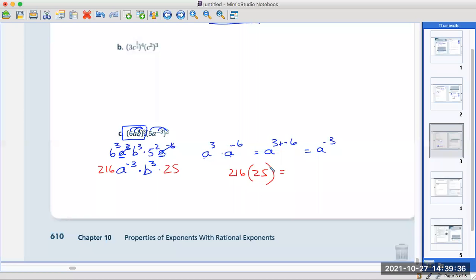It's 5,400. So these two are dealt with. Now I have A to the -3rd. That goes on the bottom. Make it a positive, times the B cubed stays on top because it has a positive exponent. So the answer looks like that.